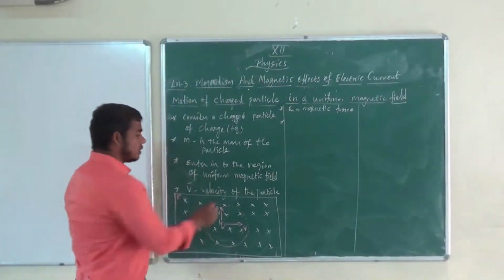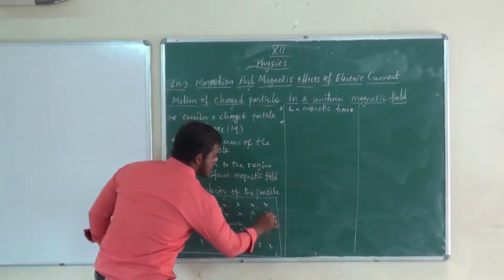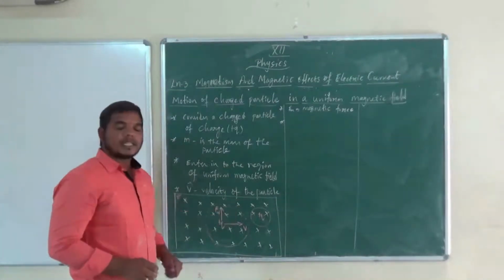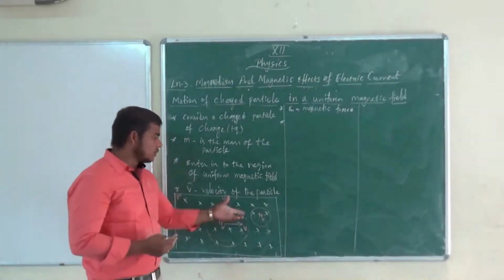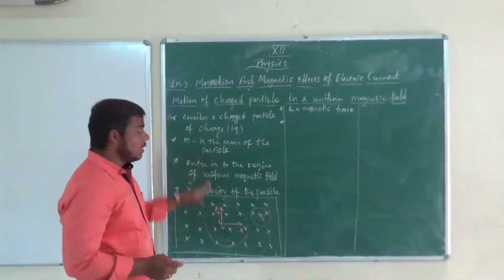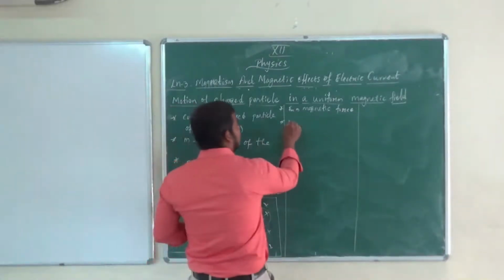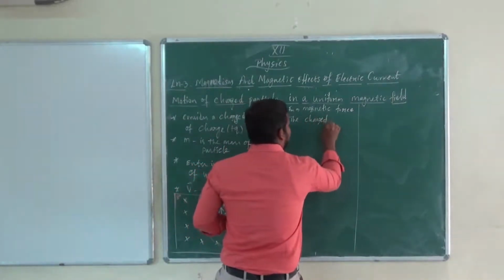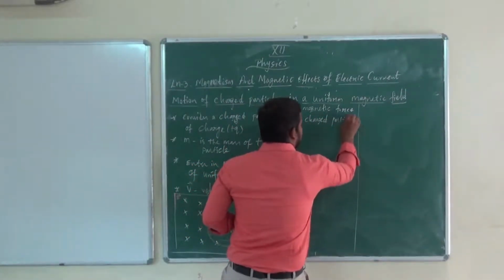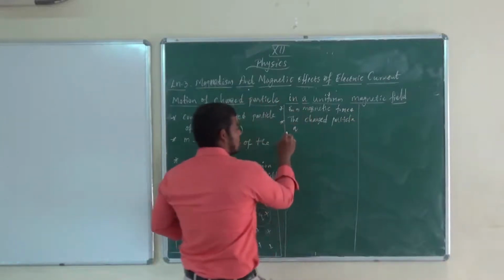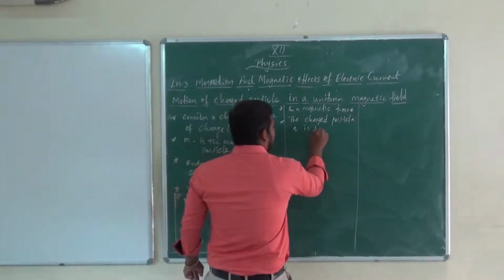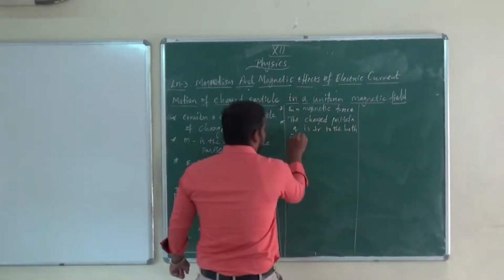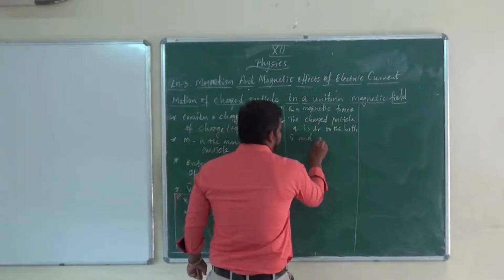The particle executes a circular path. This is assumed because it experiences the magnetic Lorentz force. The force on the charged particle q is perpendicular to both the velocity v and the magnetic field.